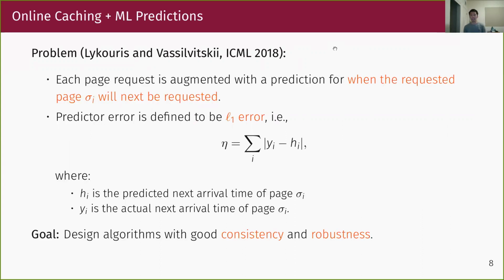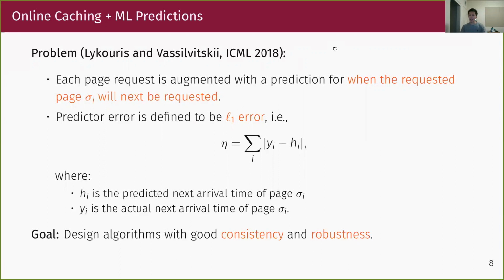The online caching with predictions problem was introduced by Lykouris and Vassilvitskii 2 years ago. Each page request is augmented with a prediction for when the requested page, sigma i, will be requested again. And the measure of error, the definition of eta, is L1 error, which means that eta is equal to the sum over all page requests of the absolute difference between the actual next arrival time of page sigma i and the predicted next arrival time of page sigma i.